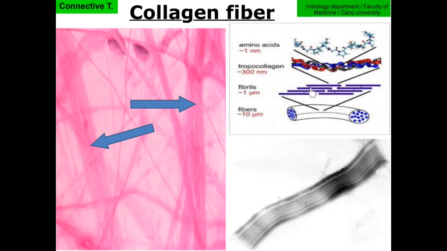And the collagen fibrils together will connect with each other to form the collagen fiber, and that fiber will form the collagen bundles. As you see in the light microscope picture on the left side, we have here the bundle of the collagen fibers. The fibers themselves are not branching, but the bundle may branch at its ends.